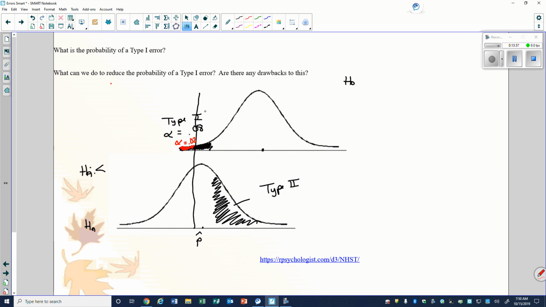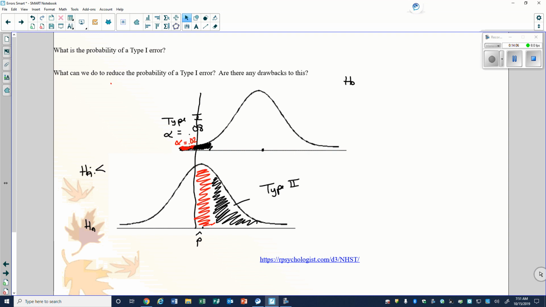But what happens when I decrease the probability of a type 1 error, I am increasing the probability of a type 2 error, which is okay if you think type 2 error is really not going to make that much of a difference in your problem. Okay. Same idea. If you decide type 2 error is going to be the worst type of error that you could make, then you want to decrease the type 2 error.